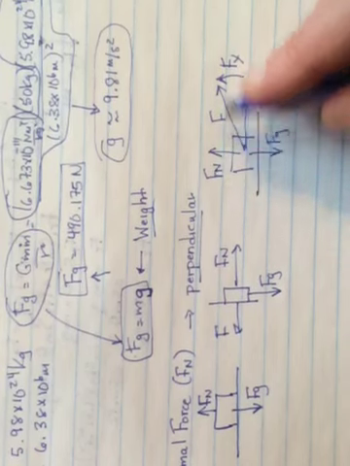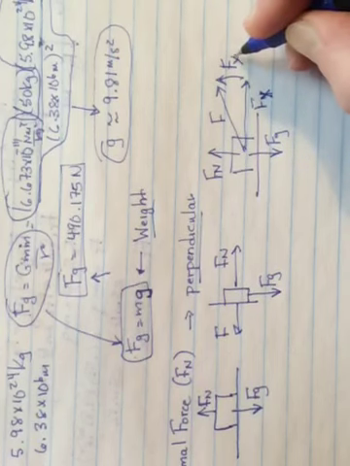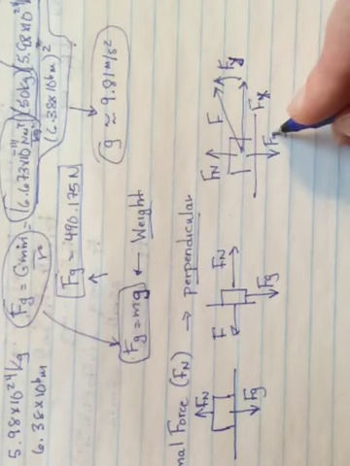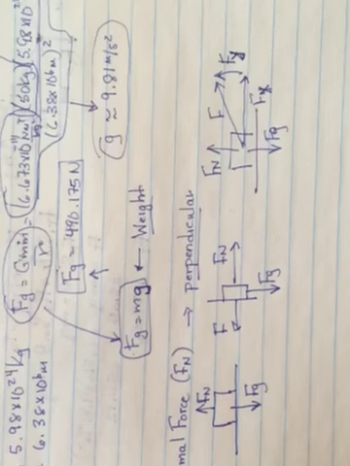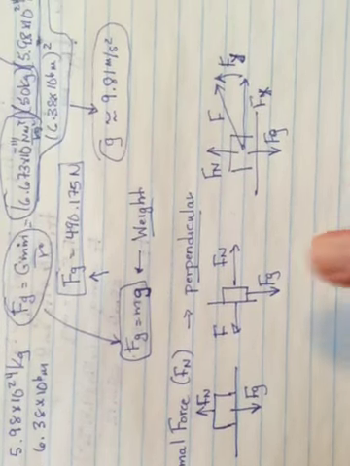And so it would be Fn plus Fy that would end up equaling Fg. Okay, so don't say Fn is always equal to mg. Not true. It depends on the circumstances. Okay, so that's the normal force.